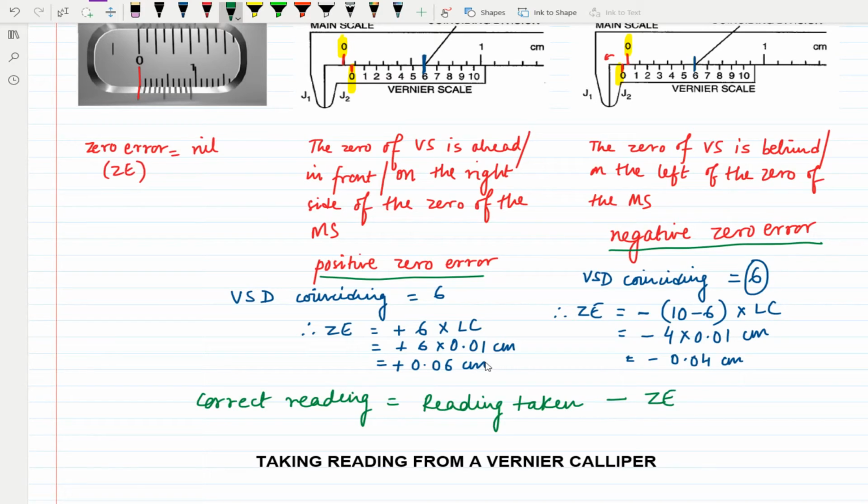Okay, so if the zero error was positive, it will directly get subtracted. If the zero error was negative, it will become minus of minus zero error, so it will get added. Okay, so more correctly you can write this as reading taken minus, plus or minus, zero error, whatever it was. So if it was positive zero error, it will get subtracted. If it was negative zero error, it will get added.